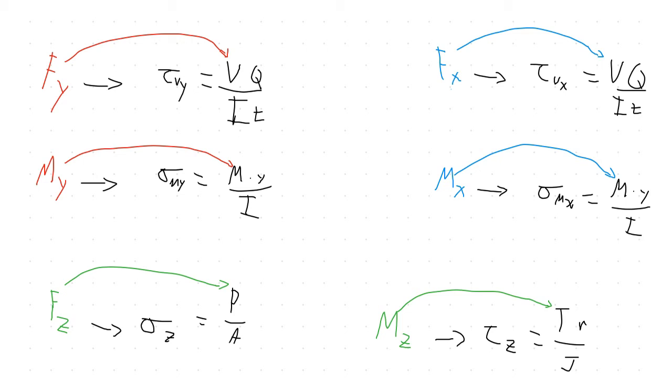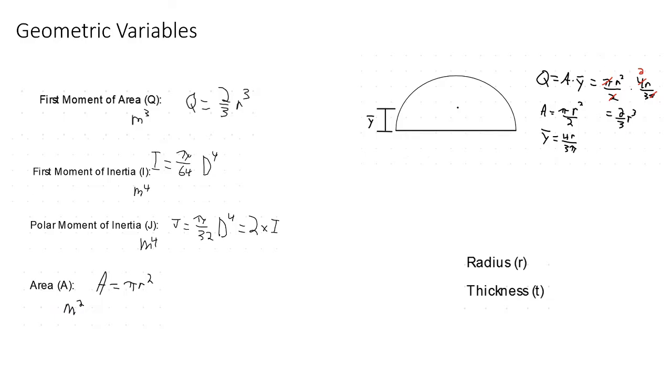Now, what I like to do first is figure out which of these I'm going to be calculating, and then figuring out what geometric variables I need to calculate, such as these. First moment area Q for my horizontal shear, moment of inertia I for multiple things, polar moment of inertia J for my torque, area, radius, and thickness.